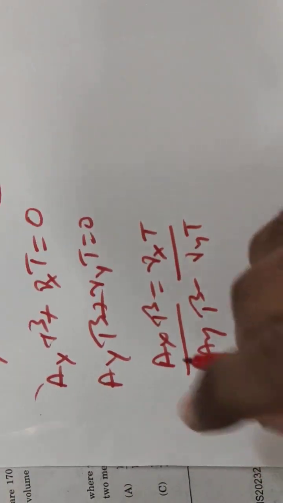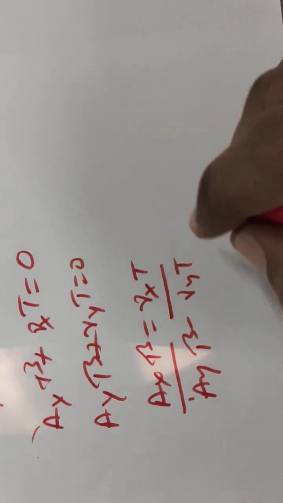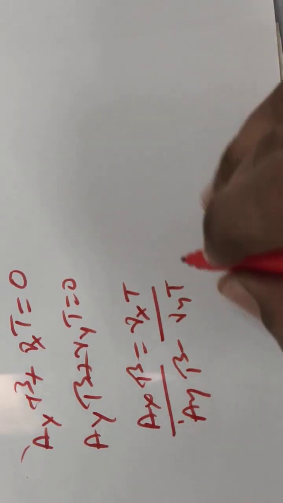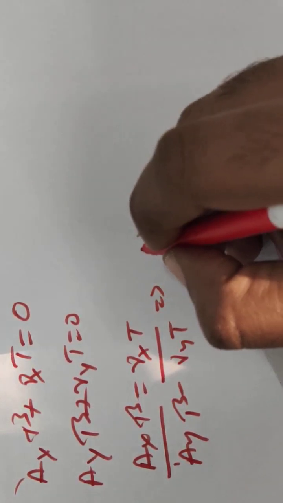You have to calculate the ax to ay ratio, and therefore you just substitute that.